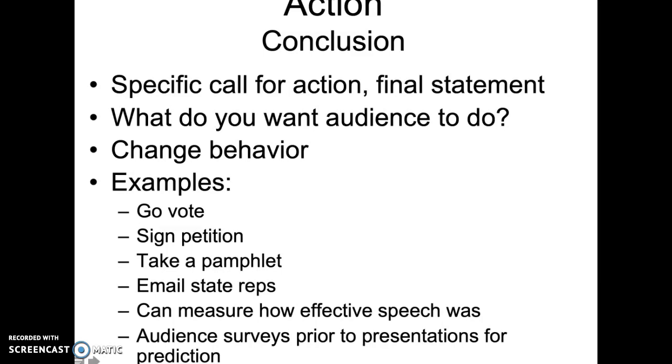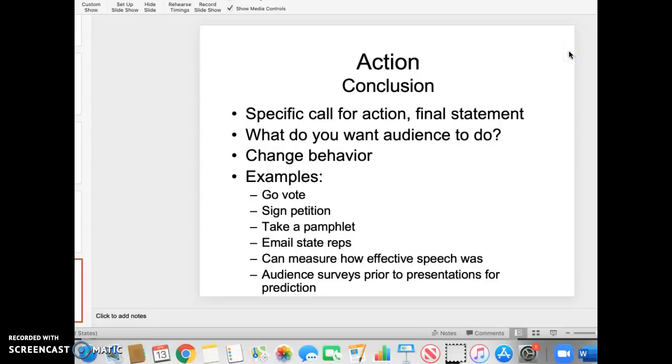You can measure the efficacy of the speech by seeing how many people take a pamphlet or by how many people sign your petition. You are not required for this assignment to have a pamphlet or handout, but just make sure to give them a clear action, what we can do.